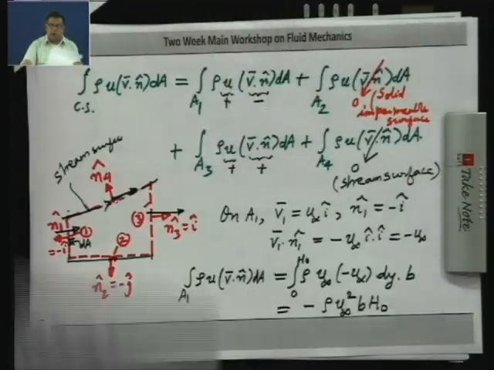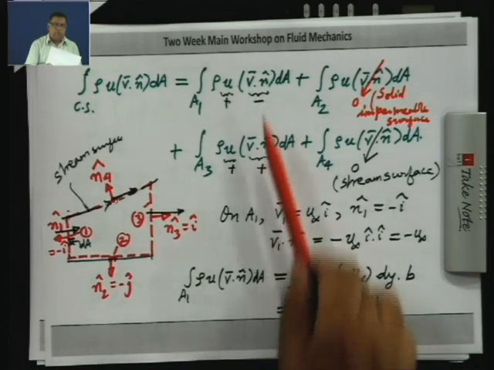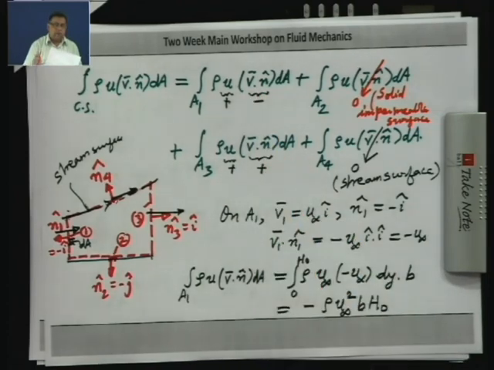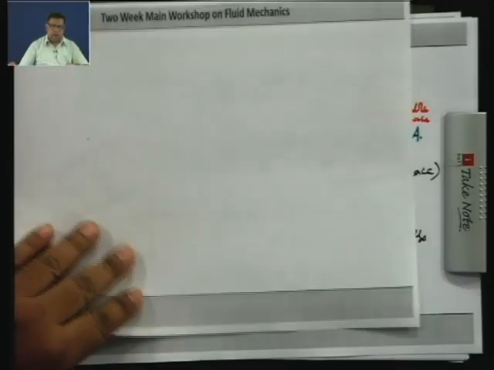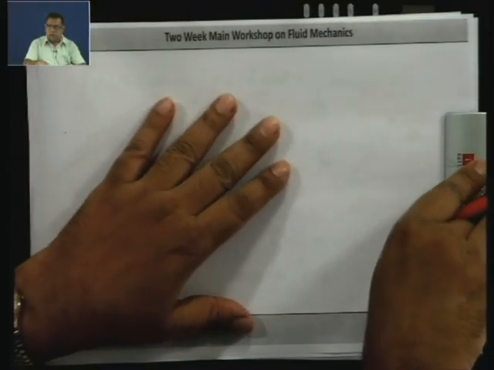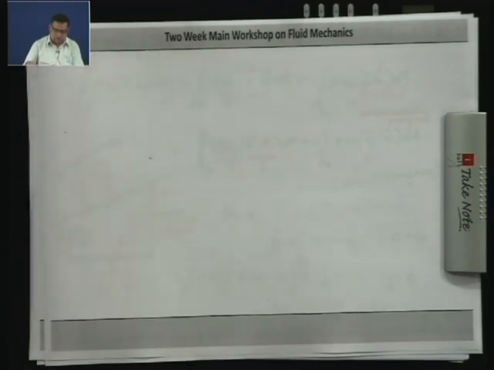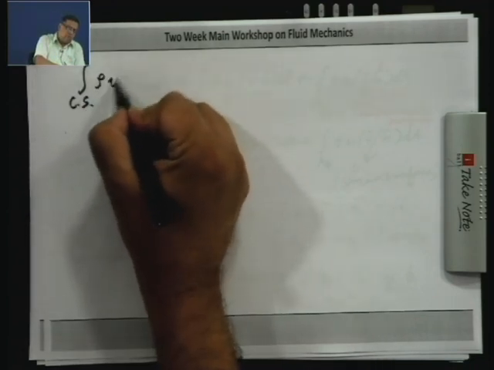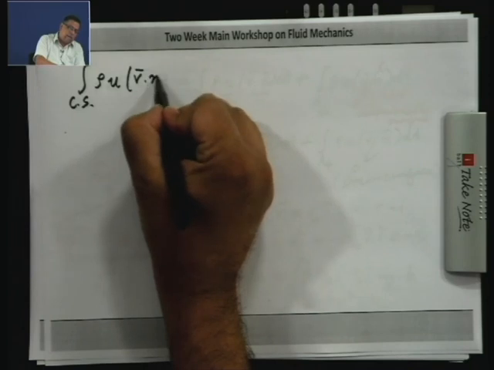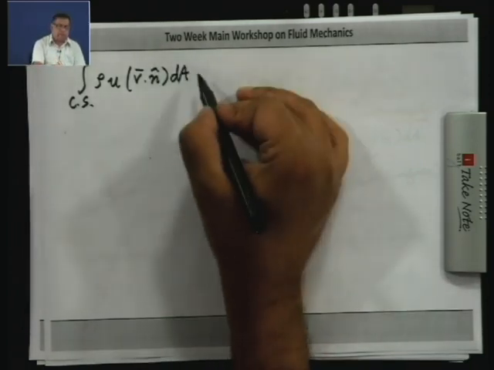Now, if we go back and look at this net flux, we have found these two terms, one was minus, the other was plus. So, if you want to summarize this, you are going to have the integral over the control surface of rho u V dot n dA. So, physically this represents the net flux of x momentum through the control surface.